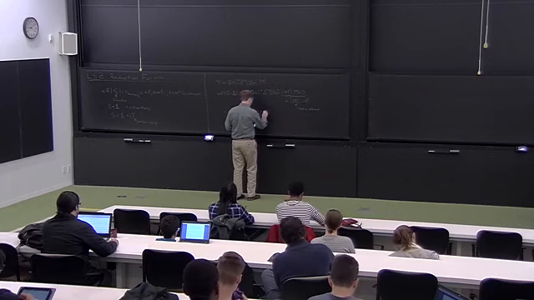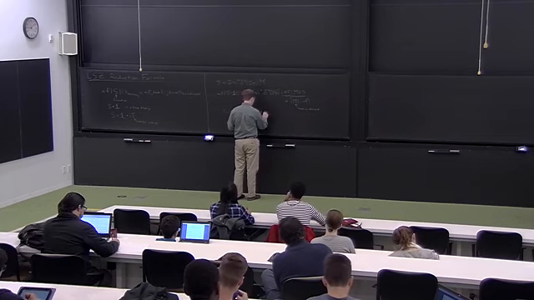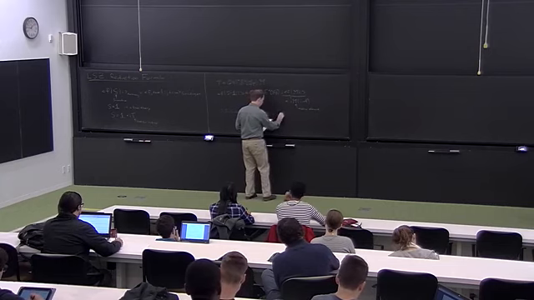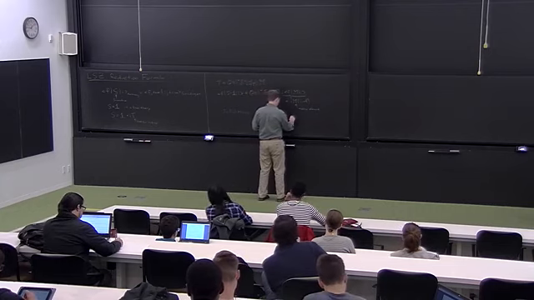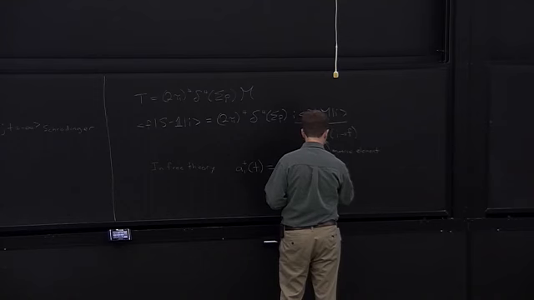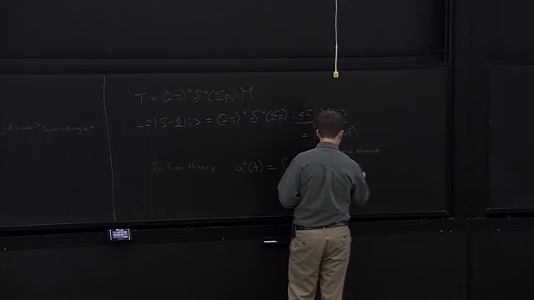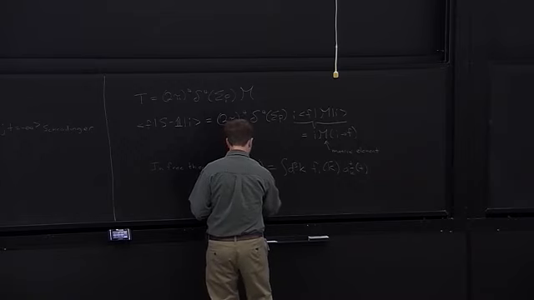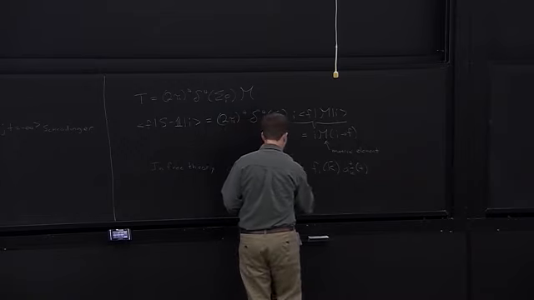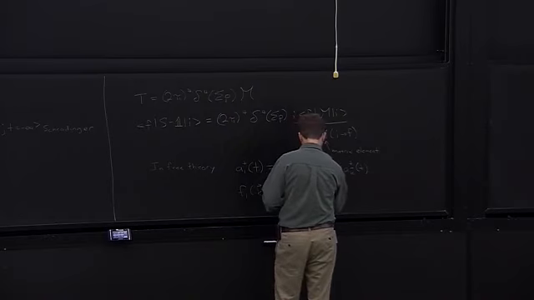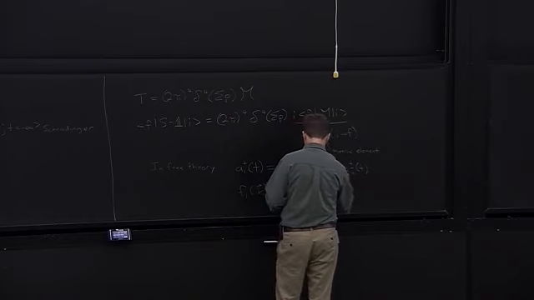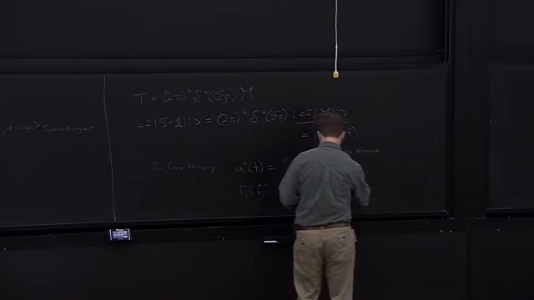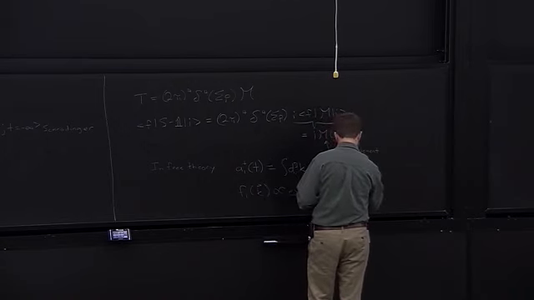by defining a creation operator I'll call A1 dagger. It's an integral of some function of k, where f1, for instance, could be some Gaussian that's centered around some momentum k1 and has some width.